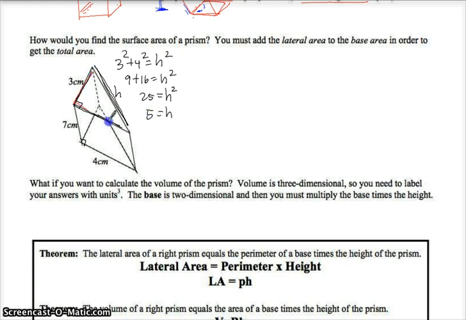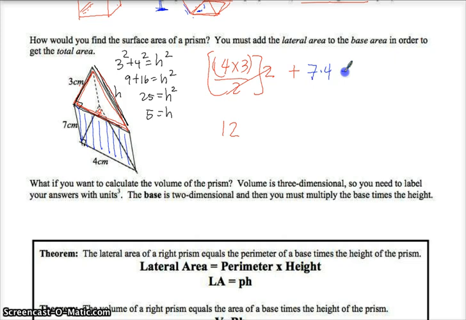So if I want to find the area of my triangular bases, actually I didn't even need that. Well, I did actually. But this is 4 times 3, so that's 4 times 3 divided by 2. But then there's 2 of the triangles, so those basically cancel and we get a 12. And then my lateral faces, I have one that's 7 times 4, right?